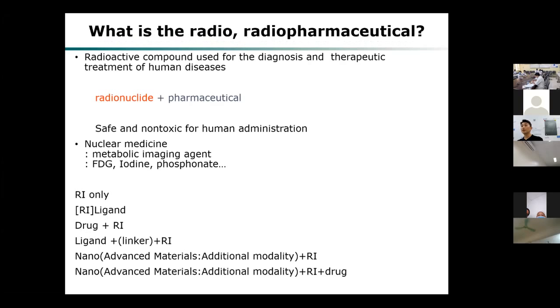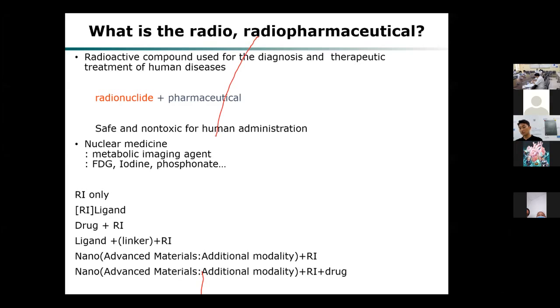In our field, we already use the concept of radiopharmaceuticals. It means that a nuclide is conjugated to a pharmaceutical chemical. A really good point of this is that it is safe and non-toxic for human administration. In nuclear medicine, we normally use metabolic imaging agents, for example FDG, iodine and phosphate.